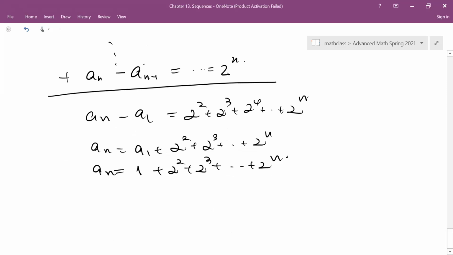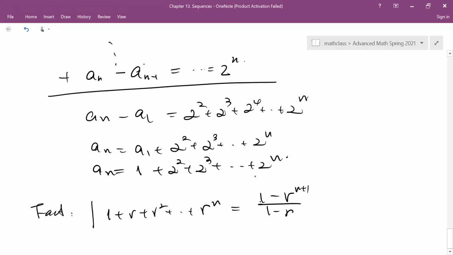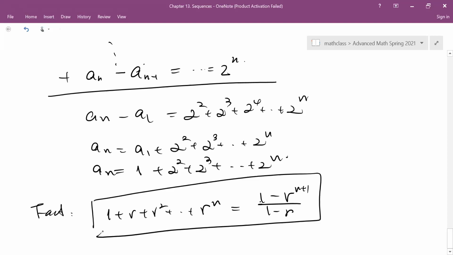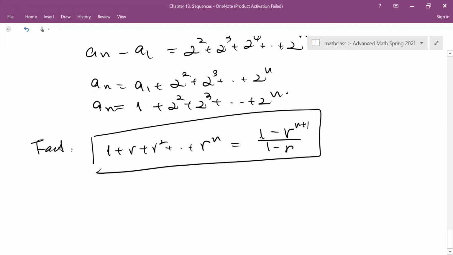This is the nth term here, total there are n terms. I think it's possible. Here's a formula: 1 plus r plus r squared all the way to r to the n is going to be 1 minus r to the n plus 1 over 1 minus r. We can prove this later, and many of you probably still know how to prove it.